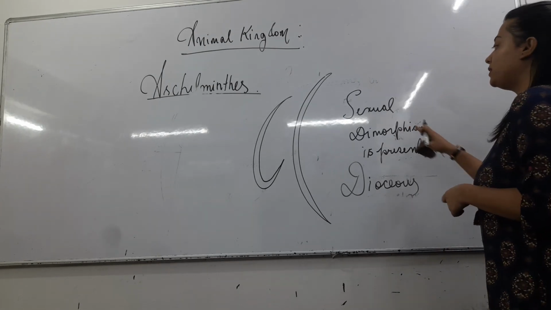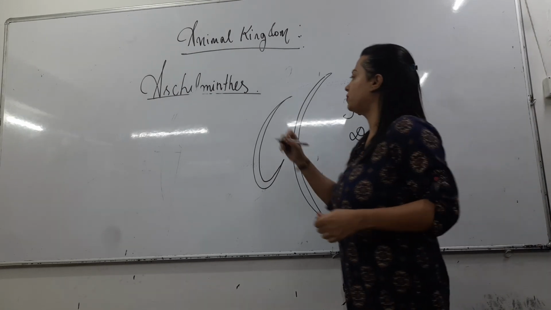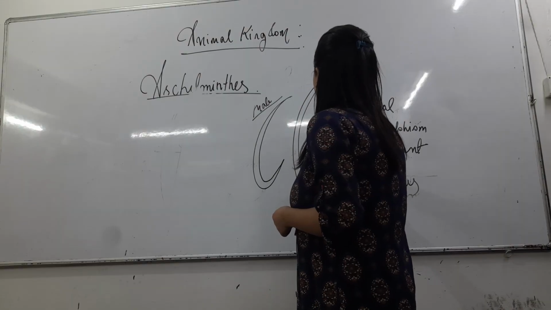Dioecious and sexual dimorphism is present. Sexual dimorphism means male and female could be differentiated. This one is the male and this one is the female.